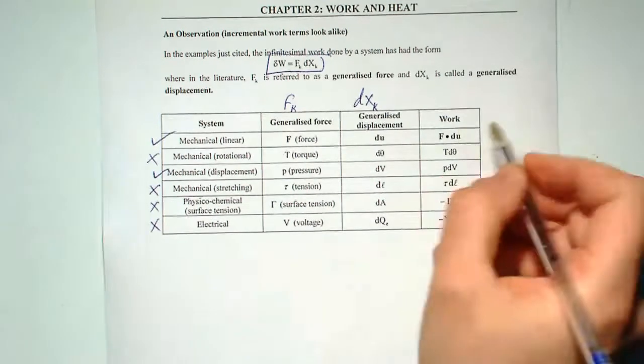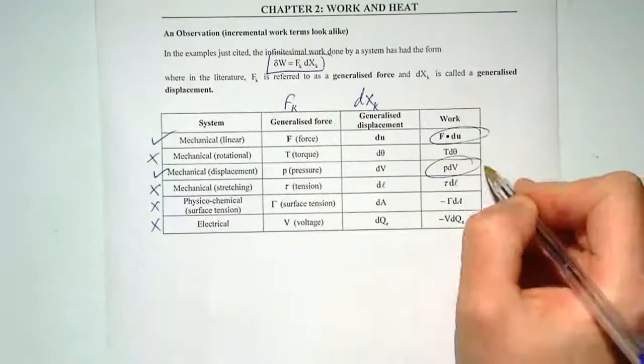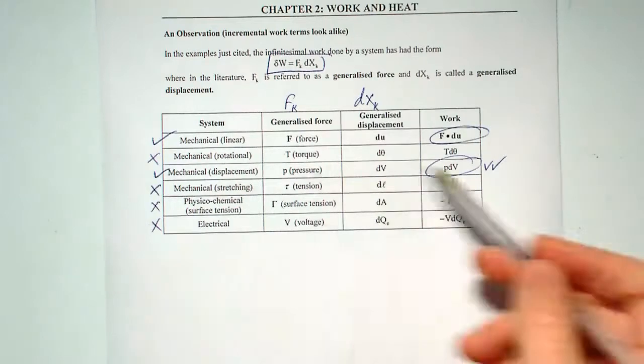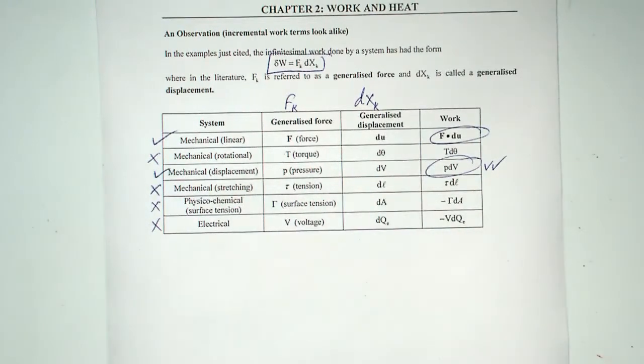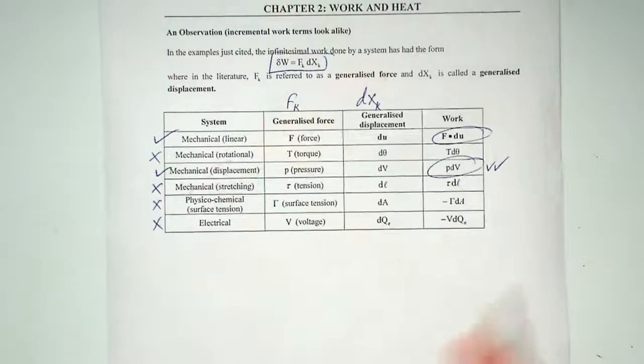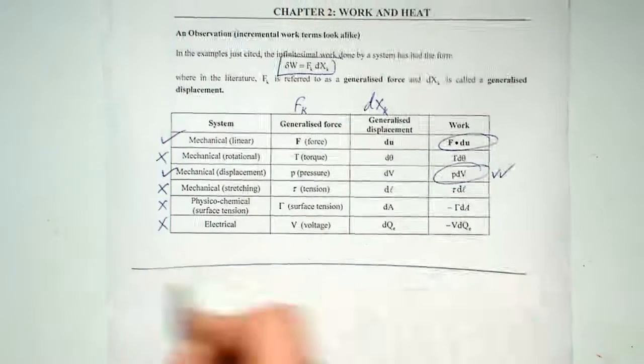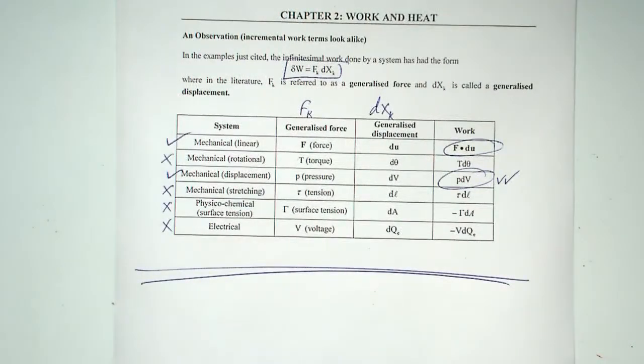Because we are only using these two, and in fact we use this one more than anything else in thermodynamics in this unit, this shows that this is only one type of work, but it's an important one as far as we're concerned. The rest can be fit into this generic format should you wish. From that point of view, this table is quite useful. But apart from that, we're going to stop here, and we're going to carry on with a very important topic, polytropic processes, next lecture.